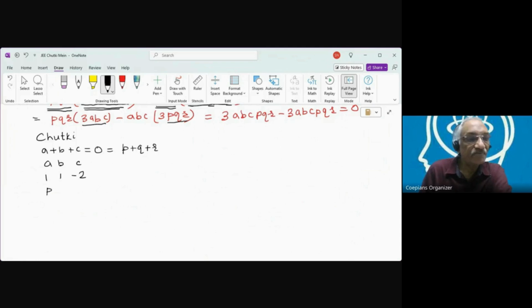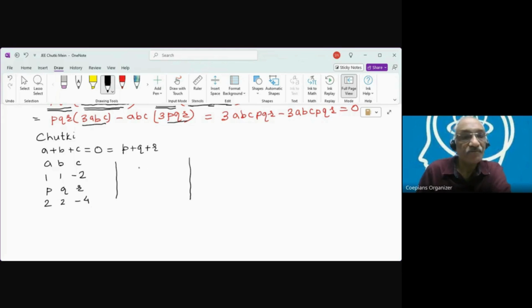And we take PQR as some different values, but meeting the same property. So we take 2, 2, and minus 4. You can take any values as long as P plus Q plus R and A plus B plus C are equal to 0.